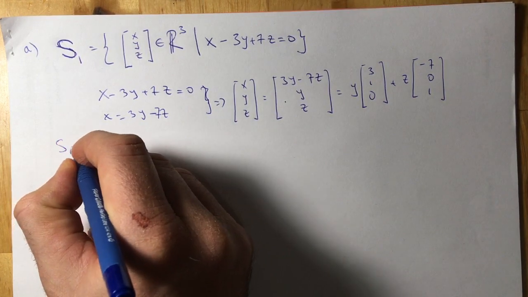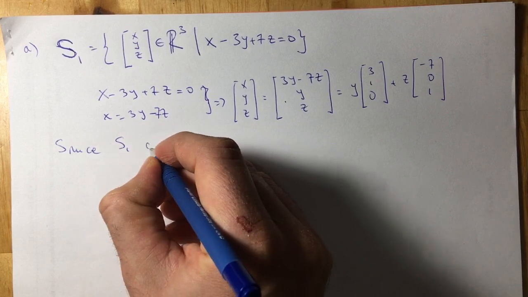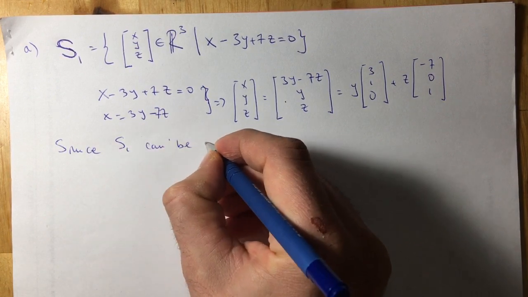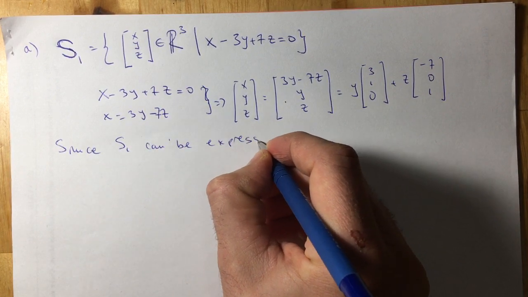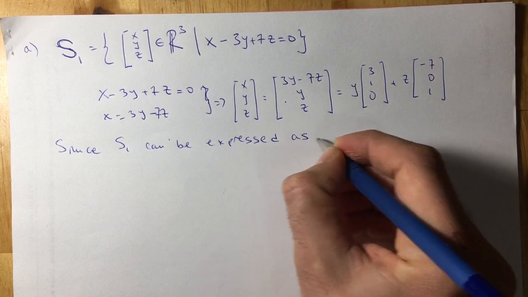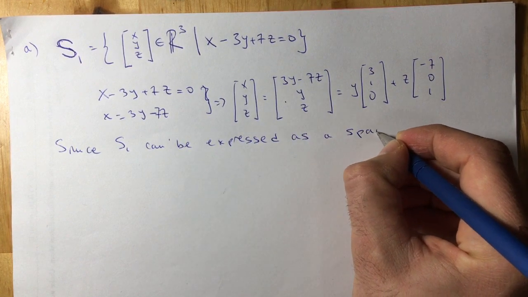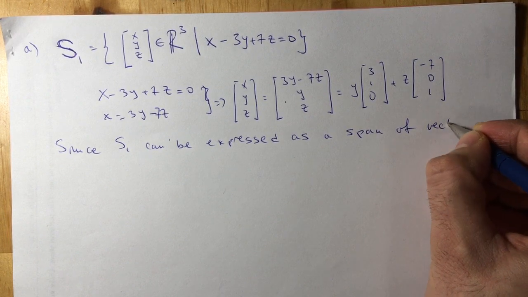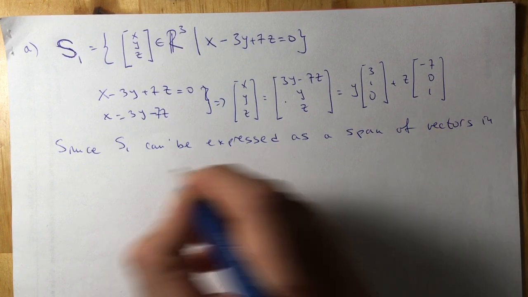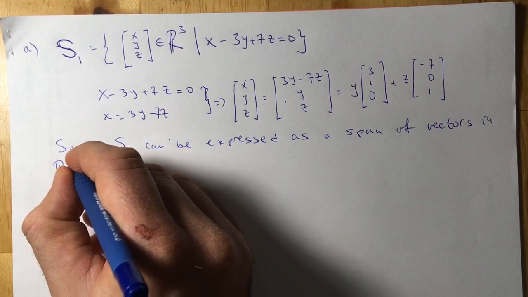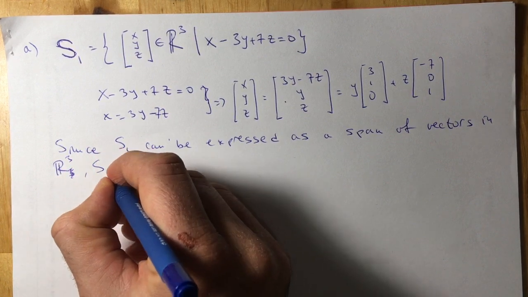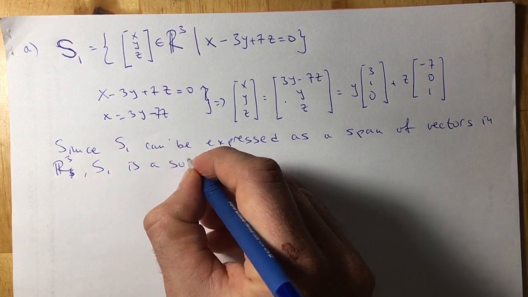So since S1 can be expressed as a span of vectors in R3, S1 is a subspace.